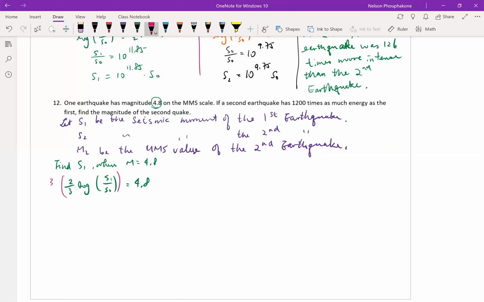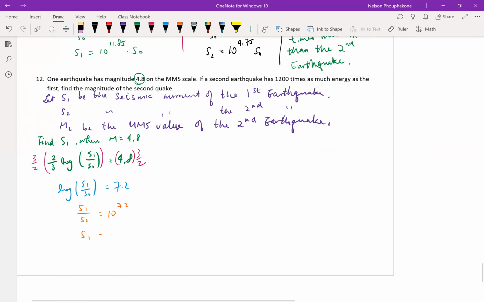Multiply both sides by 3/2. And of course, S sub 1 over S naught is 10 to the power of 7.2. Then S sub 1 must be 10 to the power of 7.2 times S naught.